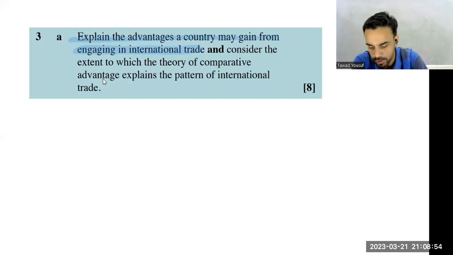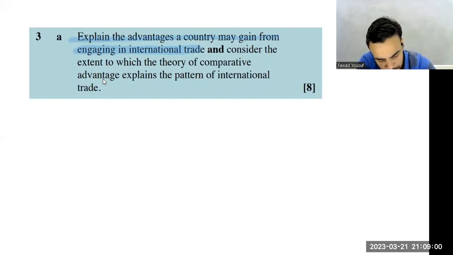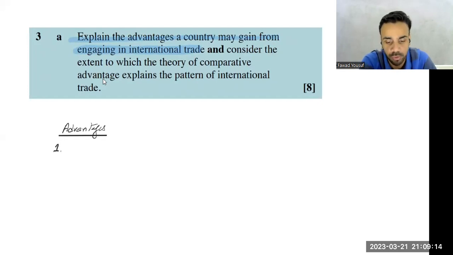What are the advantages? I would say at least 2 to 3 advantages you would want to suggest. Okay? So as far as the advantages go, and each advantage you explain so that you can get up to 2 marks on that, right? Never in pointers, always in paragraphs. This is me just telling you what you need to have.